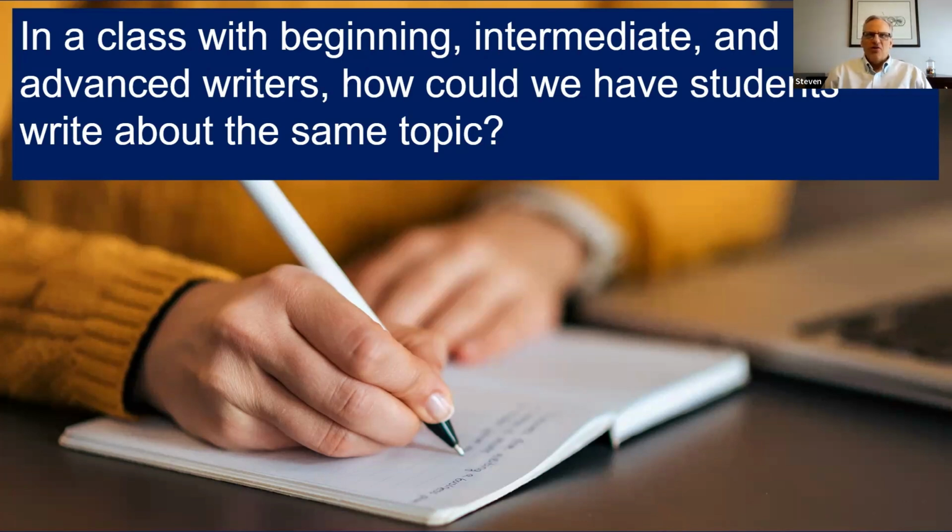And then we have some more advanced writers where all we need to do is give them a topic, and they're confident enough about generating ideas and creating something. Let's say we had this class, multi-level students, more than one level. How could we have students in this multi-level class with beginning, intermediate, and more advanced level writers all write about the same topic? The floor and the chat are open.